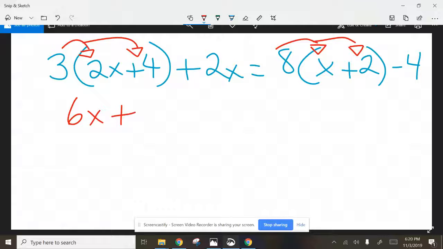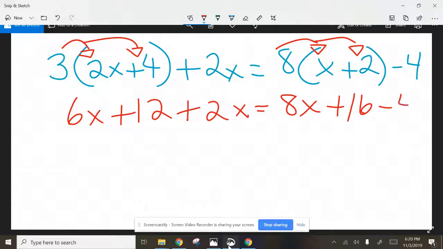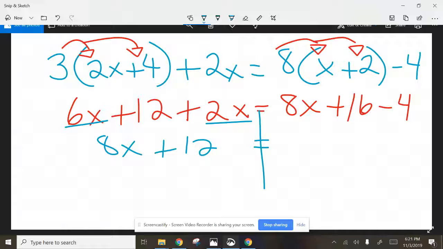I get 6x plus 12 plus 2x equals 8x plus 16 minus 4. And now from here, I'm going to combine like terms. I see these terms are alike on this side, and I'm going to get 8x plus 12 equals, and then I notice these terms over here, 16 minus 4. So 8x is still there. 16 minus 4 is 12.